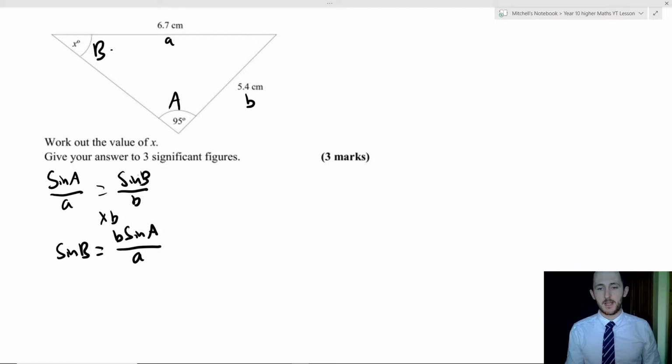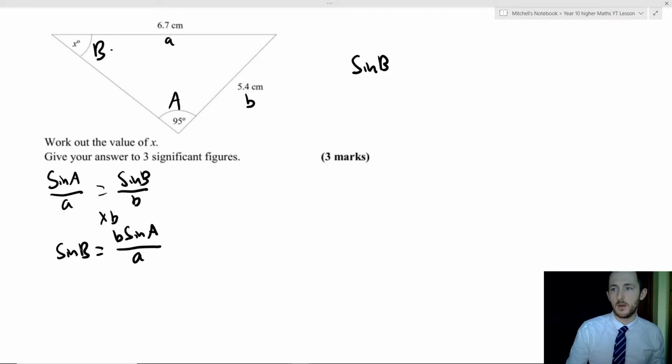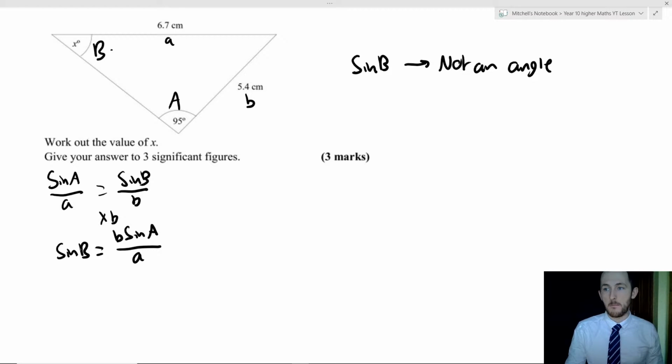Good. Now here's the interesting bit. When you work out an angle, if I look at my left hand side, I don't just have an angle. What I have is sine B, which is not an angle. B is an angle.